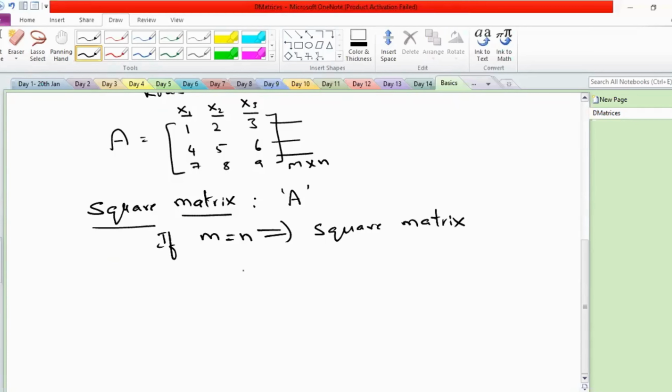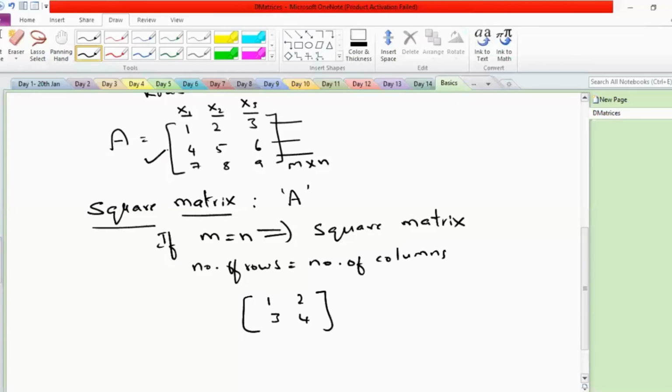If m equals n, that means the number of rows equals the number of columns, then that matrix is called a square matrix. 1, 2, 3, 4 is a square matrix.